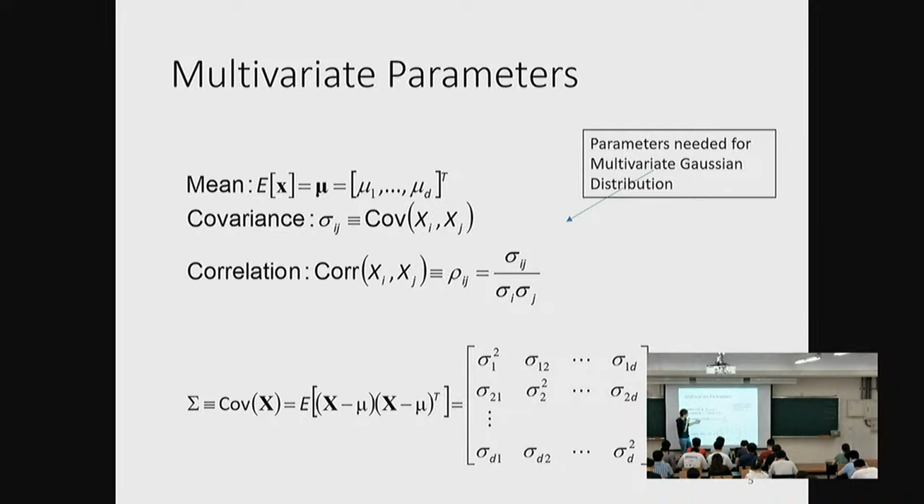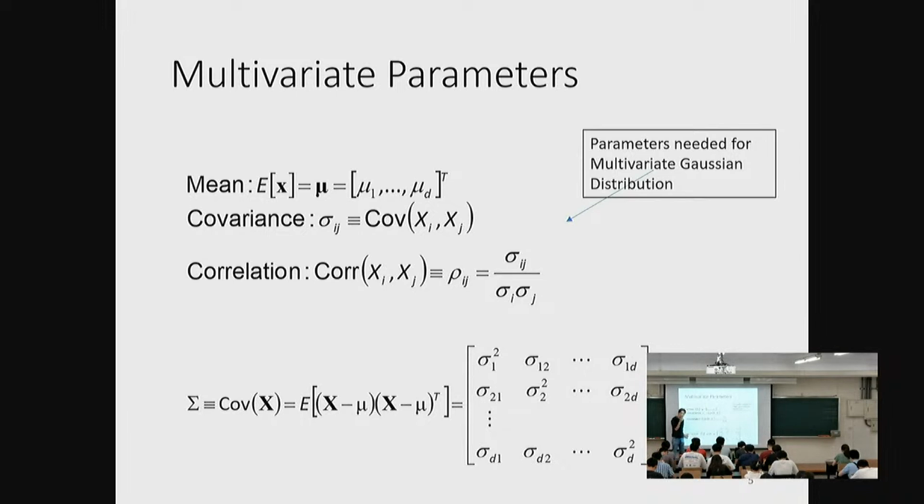The correlation is just sigma ij divided by sigma i and sigma j. So the covariance matrix, if you write it out in its probabilistic form, is the expected value of (x, the feature vector, minus mu, the mean vector) times (x minus mu) transpose, some square form, and then you take the expected value.